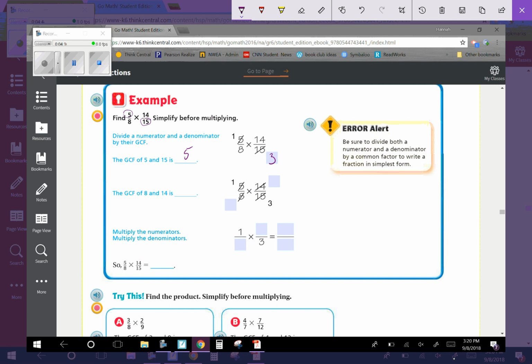Now, I could just go ahead and multiply 14 times 1 and 8 times 3, but I see something else in common because 14 and 8 are both even. So I know that I can divide those by 2. So 14 divided by 2 is 7. 8 divided by 2 is 4. So now I have 7 times 1 and 4 times 3 instead. 7 times 1 is 7. 4 times 3 is 12. So 5/8 times 14/15 equals 7/12.